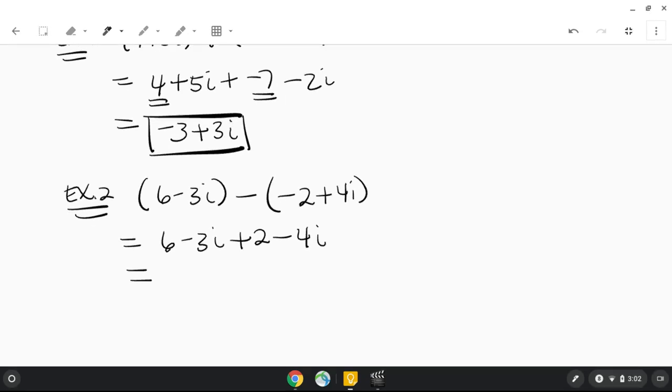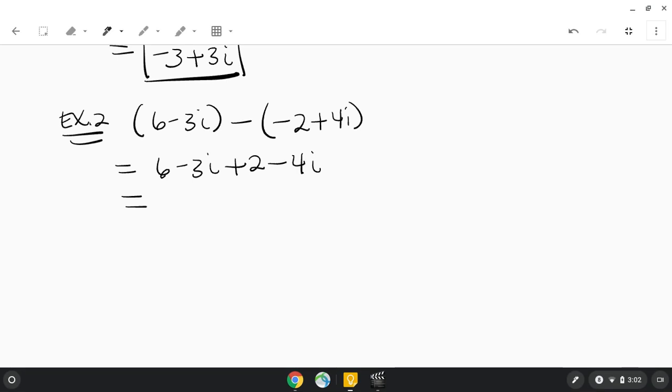Okay, and so I will add the real parts together. I get 8, and I will combine the imaginary parts, negative 3i and negative 4i, and that's what we would get. Okay, so that's adding and subtracting.